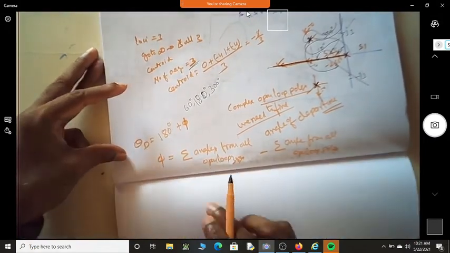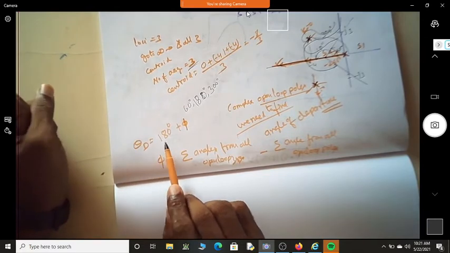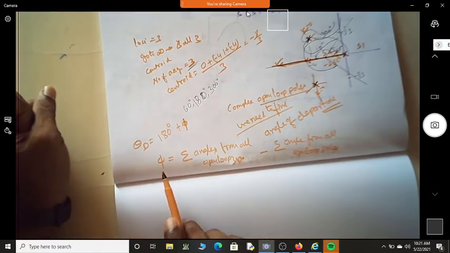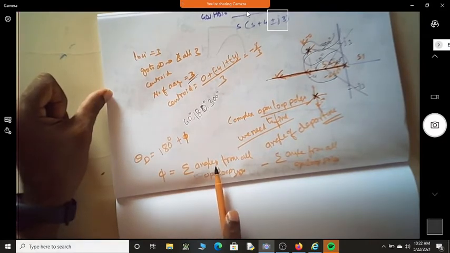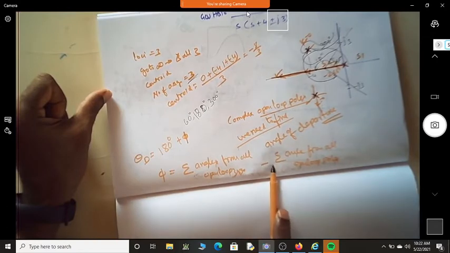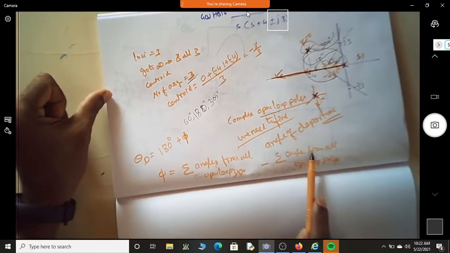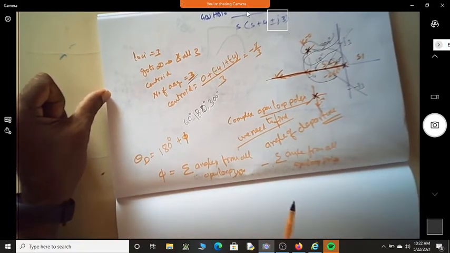So let us try to understand this. Angle of departure is given by 180 degree plus phi, where phi is defined as the summation of angles from all open loop zeros minus the summation of angles from all open loop poles.